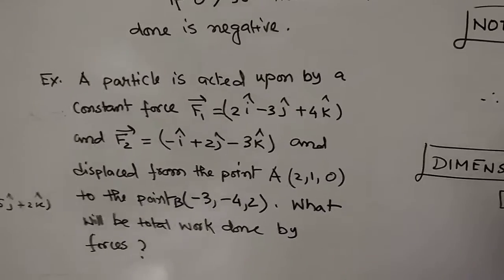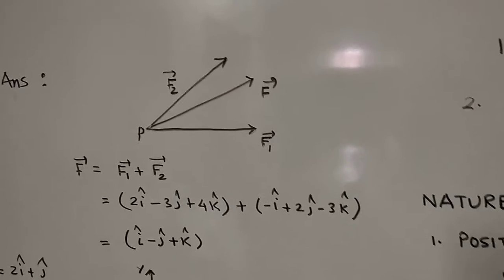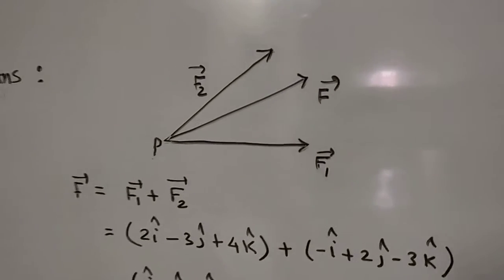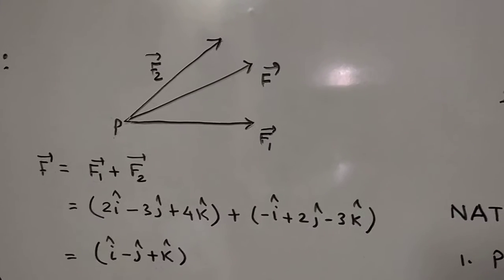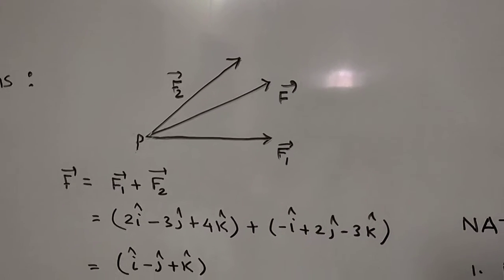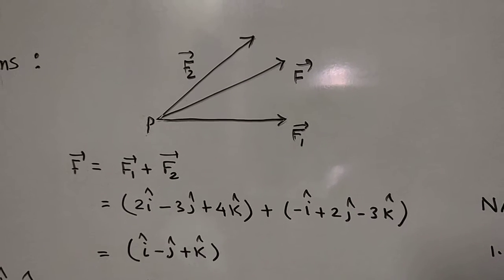Now here two forces are acting on the object, so we have to find the resultant of these two forces. We have drawn a diagram like this. Suppose the object is at P and you have applied two forces, F1 vector and F2 vector. So the resultant force, as per the parallelogram law, F vector equals F1 vector plus F2 vector.